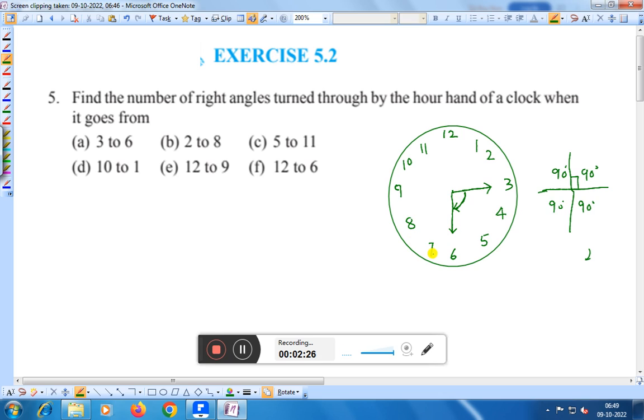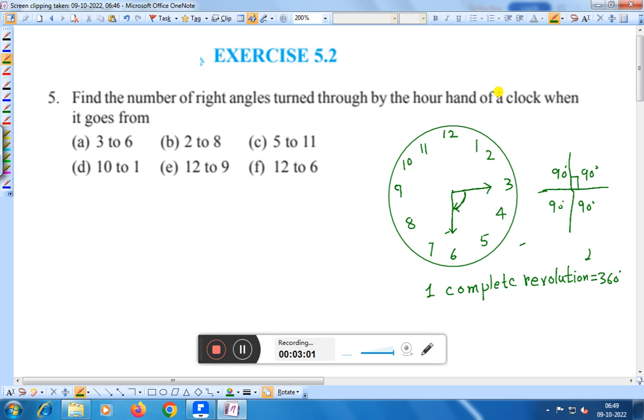Now we know that one complete revolution is equal to 360 degree, right? And how many hours are there in a clock?